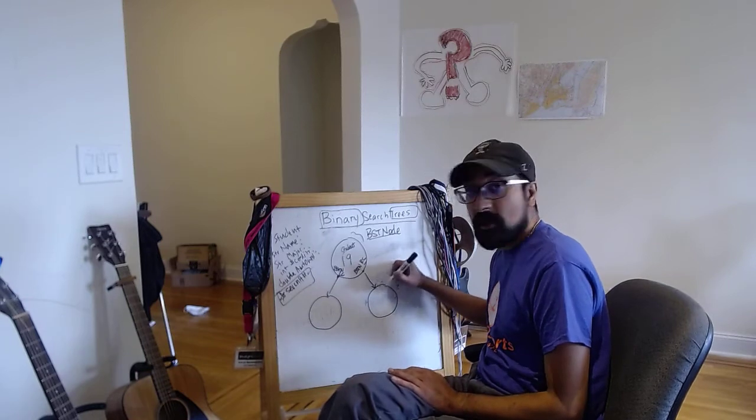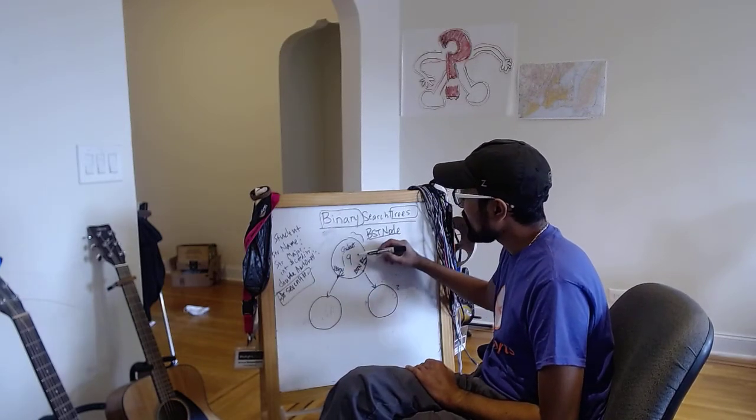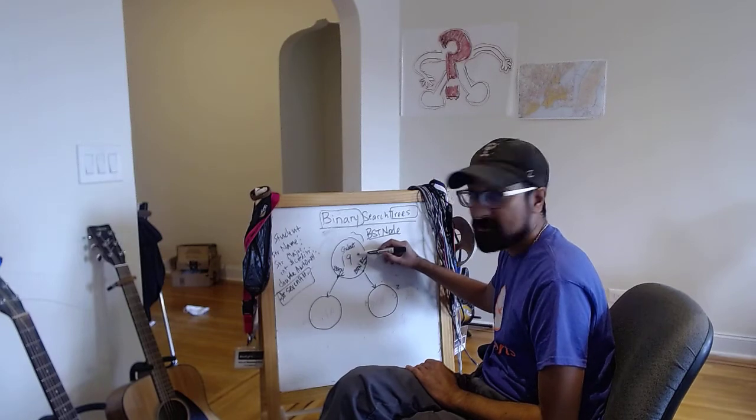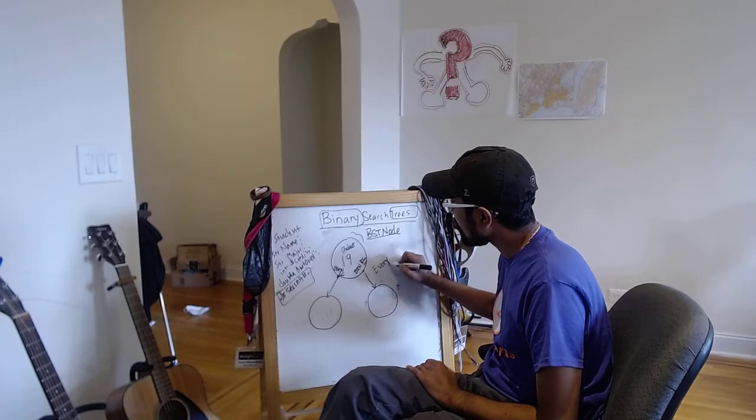Now, everything on this side has a number that's greater than this number. So everything greater goes to the right.